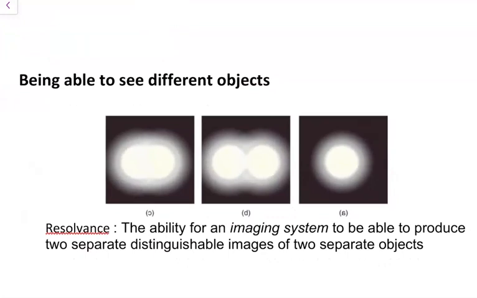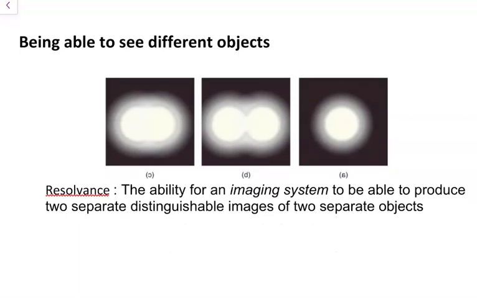This image is the best type of image that we are going to use to understand when we are able to see an object as 2 separate objects. And resolvance is the ability of an imaging system to produce 2 separate distinguishable images of 2 separate objects. So for example, this one is definitely 2 separate objects.